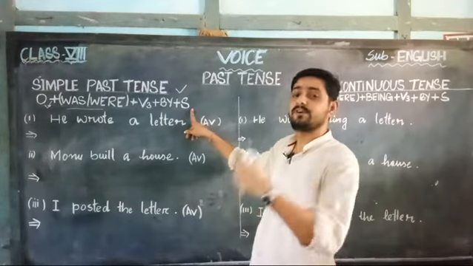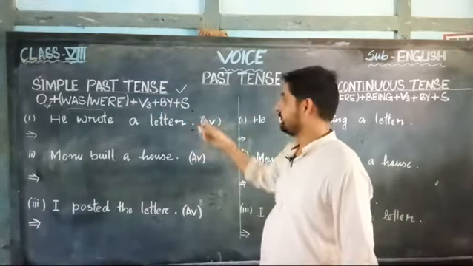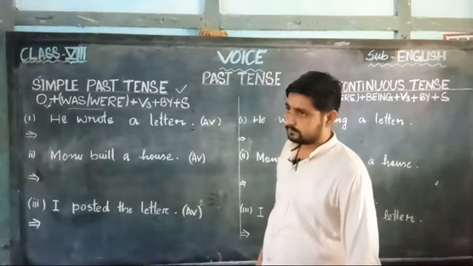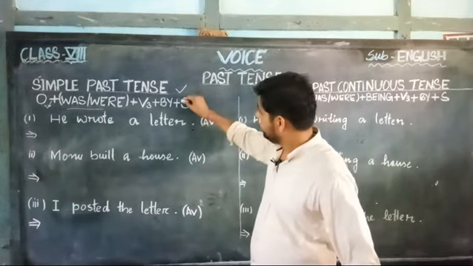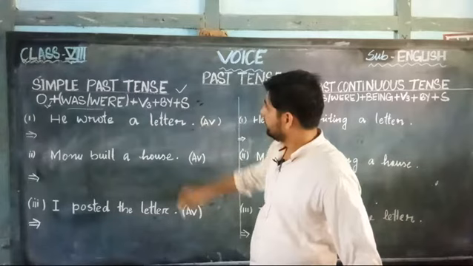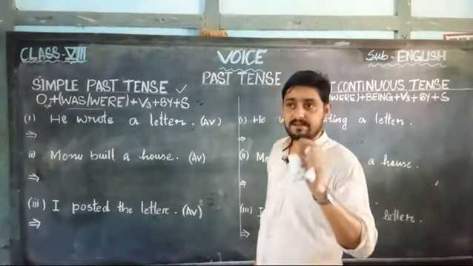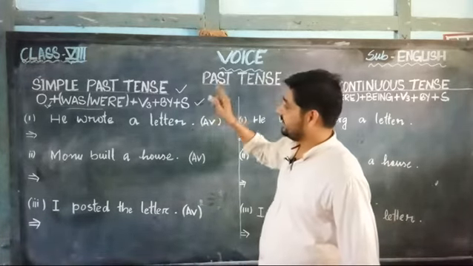It becomes the object of passive. Now, when we get a sentence of simple past tense, then we can apply this rule and change it.